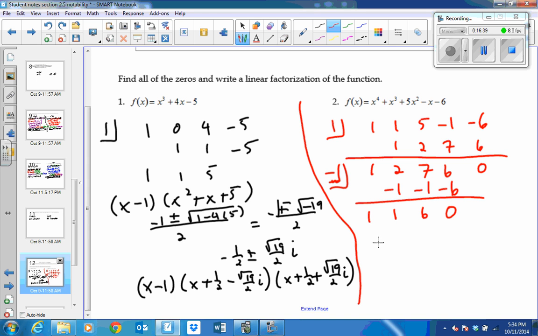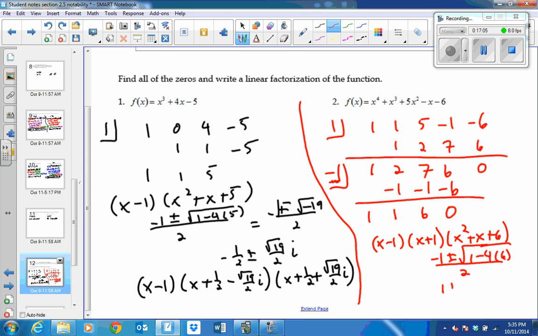So what we're left with is we have x minus 1 times x plus 1 times x squared plus x plus 6. And we need to find the solutions to this, and that's going to be -b plus or minus the square root of b squared minus 4 times a times c all over 2a.